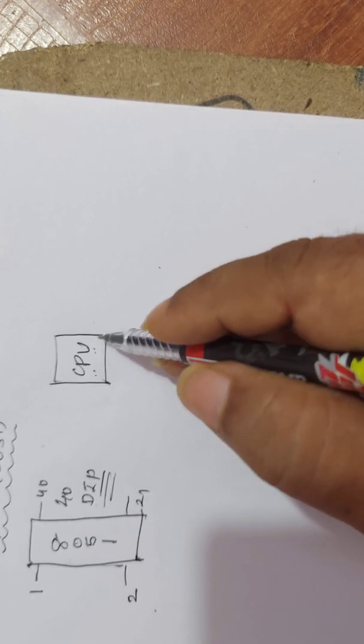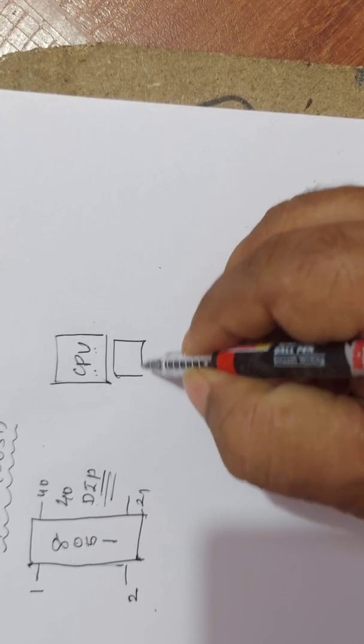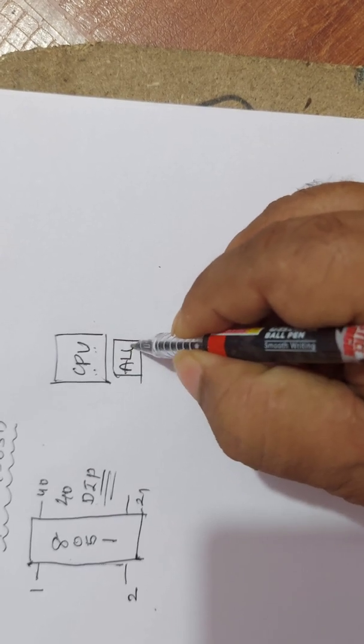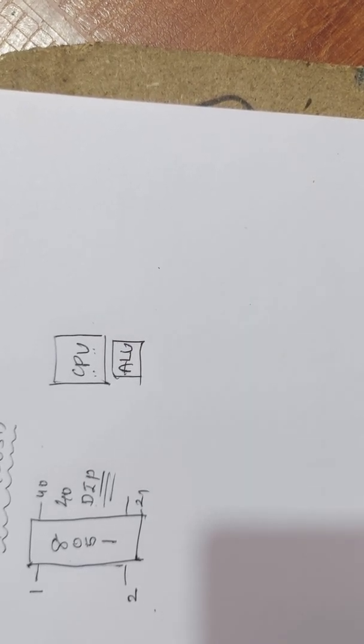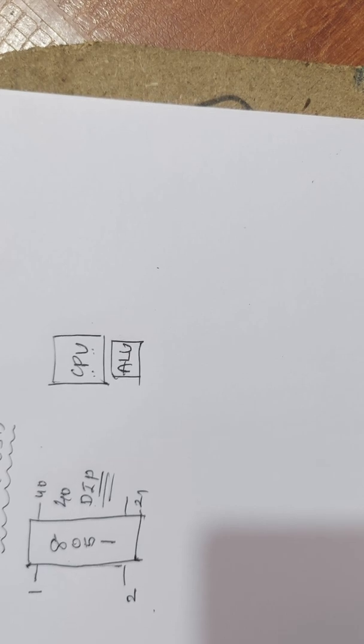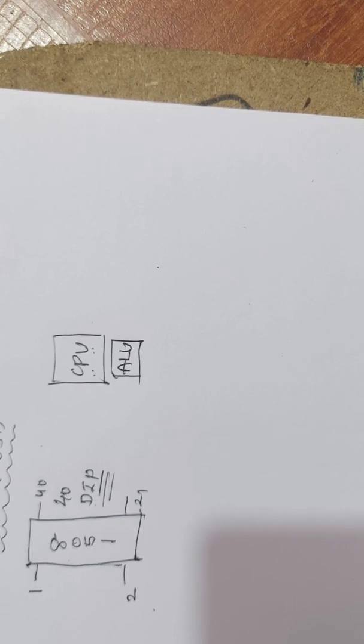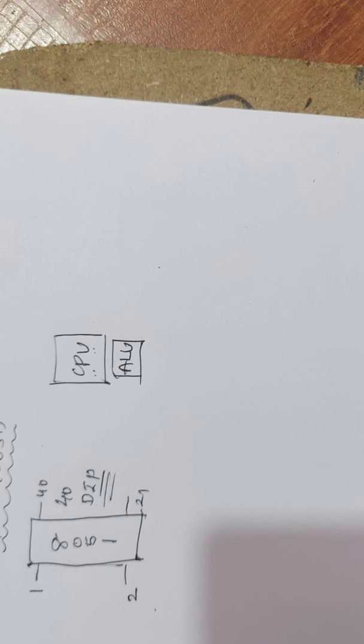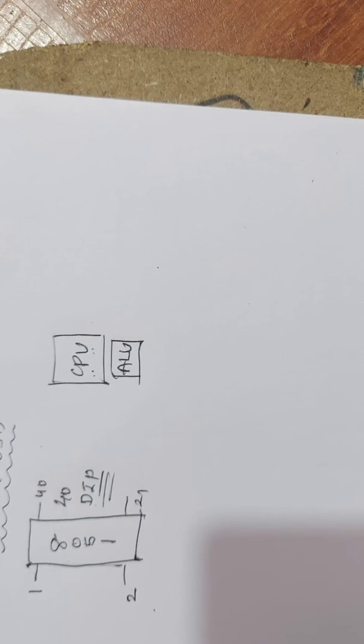This central processing unit consists of the ALU, arithmetic logic unit, where arithmetic functions such as addition, subtraction, multiplication, division, and also some logic functions such as AND gate, OR gate, etc., and differentiation, integration, etc., can all be done using the computer. But all is performed by means of only binary information.